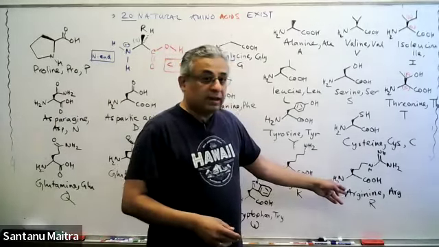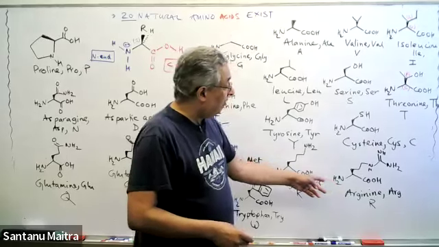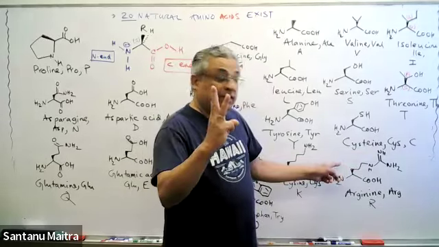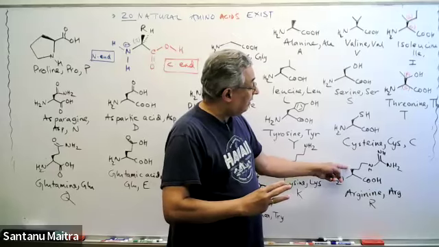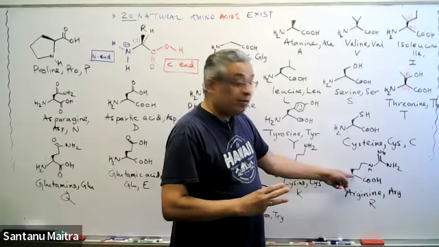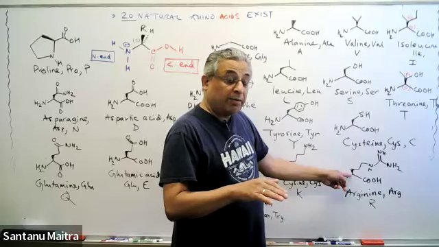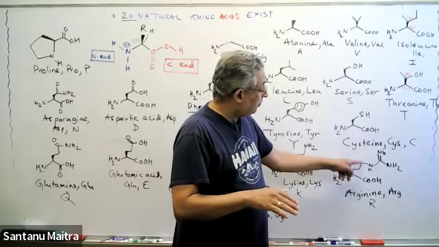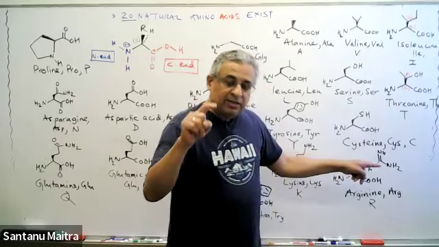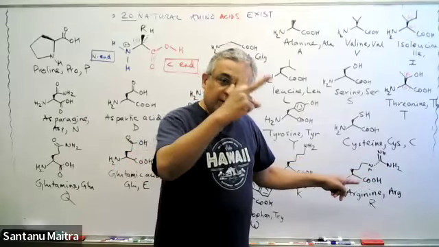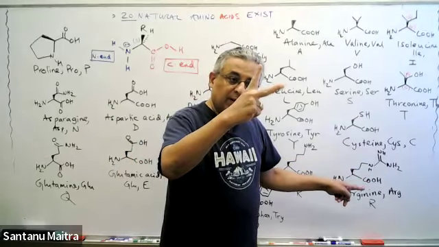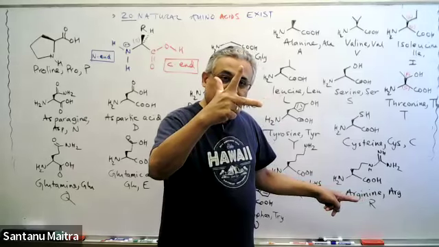Some other crazy ones. Arginine. It takes a little while to draw the molecule, the side chain. Three CH2s, three methylenes in between the methine from the backbone of the amino acid. 1, 2, 3. Then NH, then carbon, then two more nitrogens. It's kind of like a starry nitrogen arrangement.